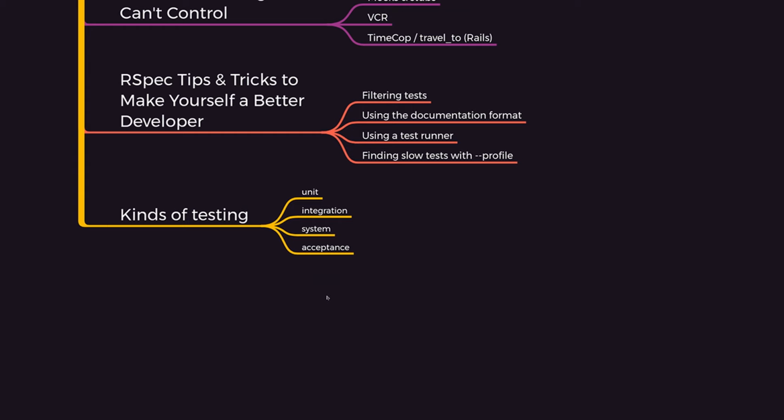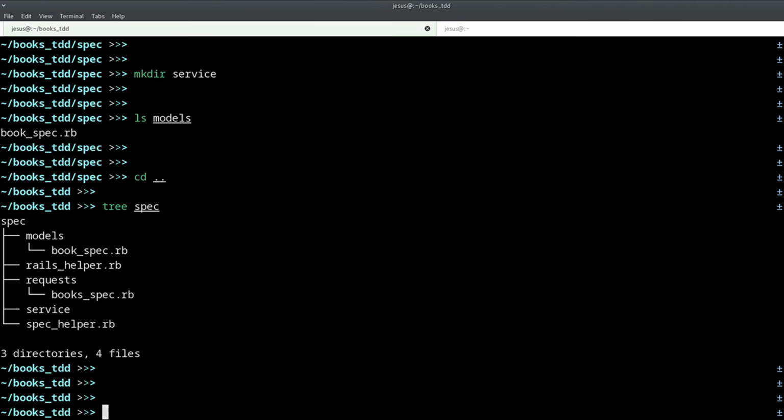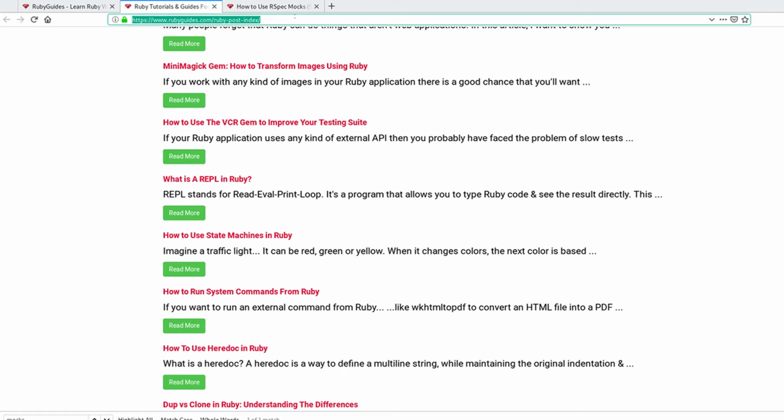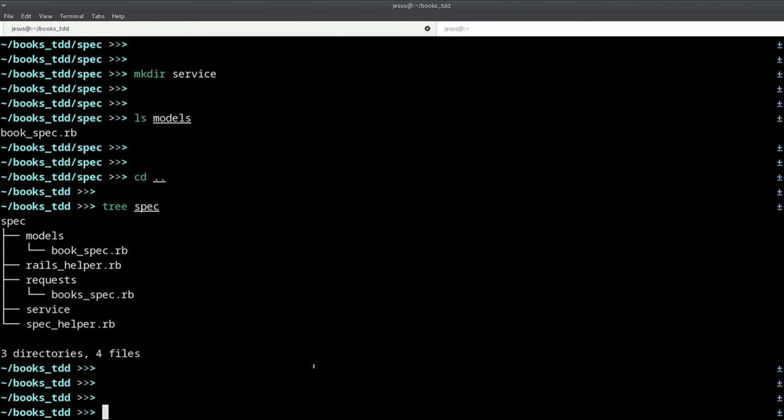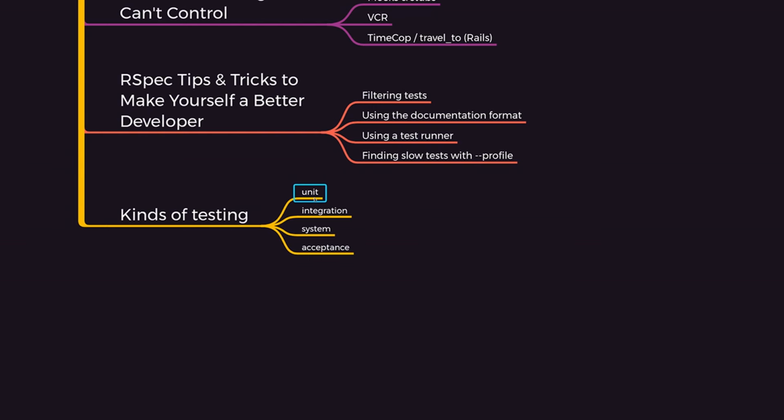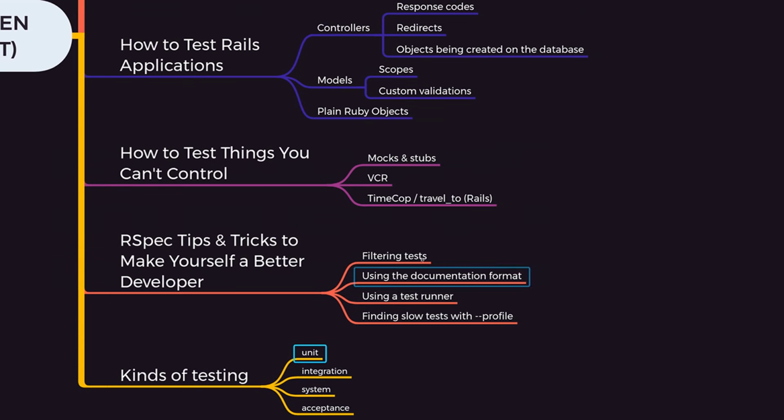There is something called the testing pyramid that you can look up, and it says that you want to have more unit tests than other things, and unit tests in this case will be the plain Ruby object tests, the model tests. So testing the model scopes, that will be a unit test. Testing the validations, that will be a unit test. Testing the methods in a plain Ruby object, that will be a unit test.